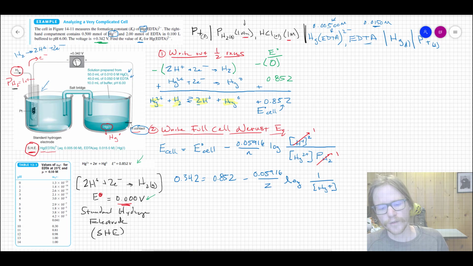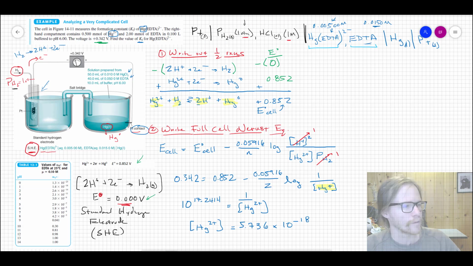So the only thing that we do not have solved in this system is the free mercury concentration, which is going to be necessary because we have the complex formation, we have the EDTA concentration, and once we have mercury, then we have all of the species that go into computing the Kf, which is what we're trying to do here. So we go through this, and we can solve this. Let me put this into my calculator really quick. Okay, so compute that.